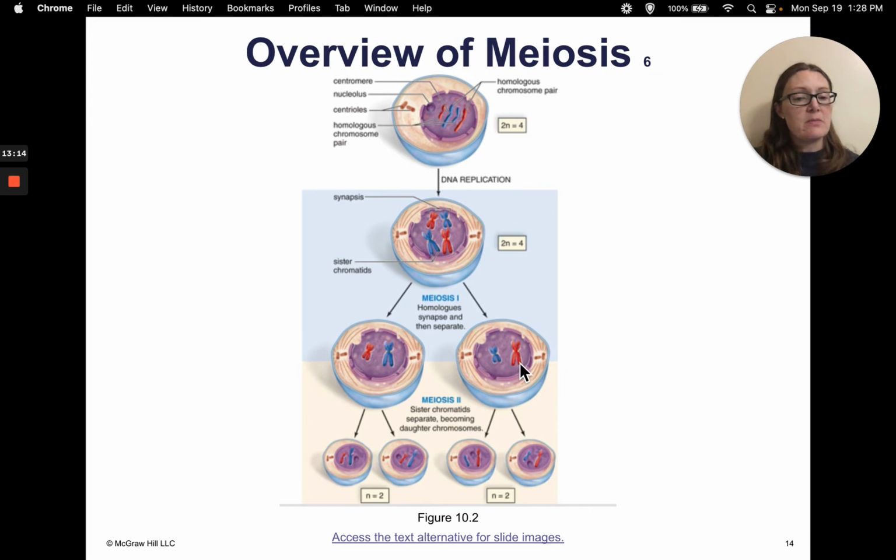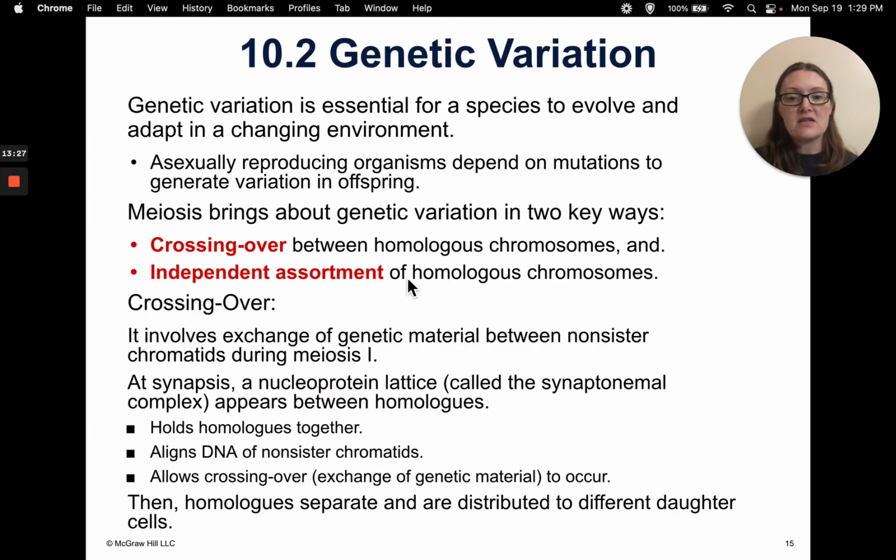As long as there's a big and a small on each side, it could get separated out randomly. So the way that they line up right here determines how they get pulled apart, and that's another way that the chromosomes can get shuffled randomly. So this is called independent assortment. So with crossing over, it's involving actually exchanging genetic material, and a little chunk gets broken off of one homologous chromosome and it gets switched with another one also broken off.